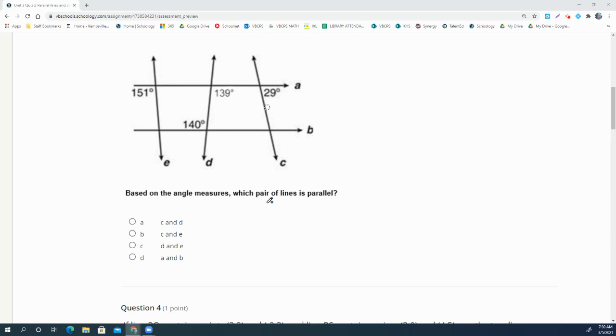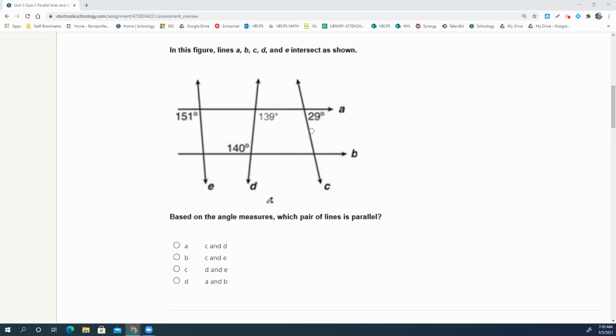Do I have any congruent angles? When you're proving lines parallel, you always want to think congruent first. Do I have any congruent angles? No congruent angles. Do I have any supplementary angles? Anything that adds up to 180? Which two angles add up to 180? You can either talk it out or you can put it in the chat.